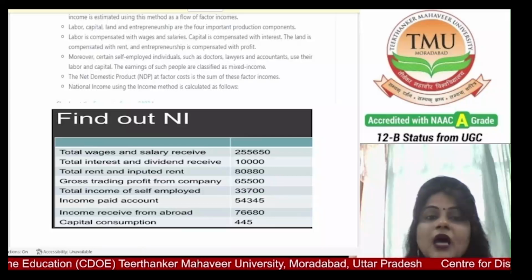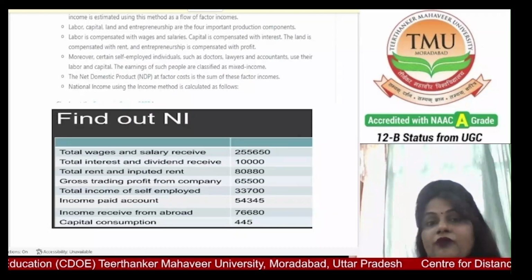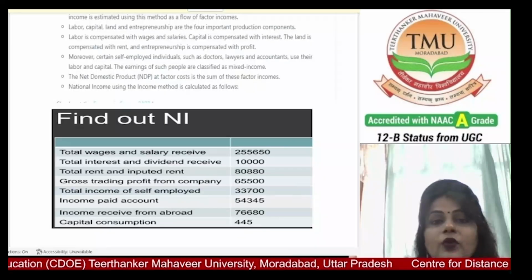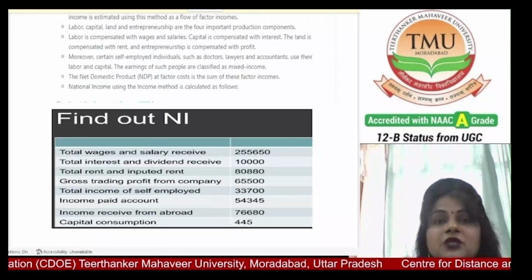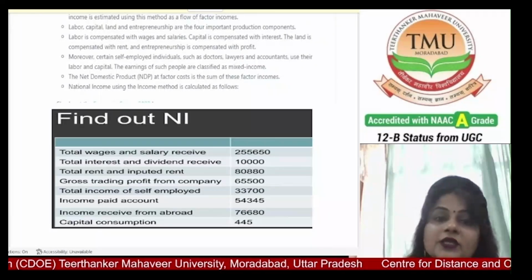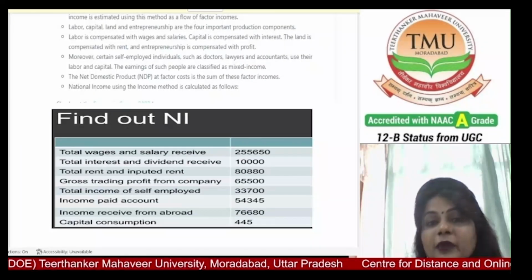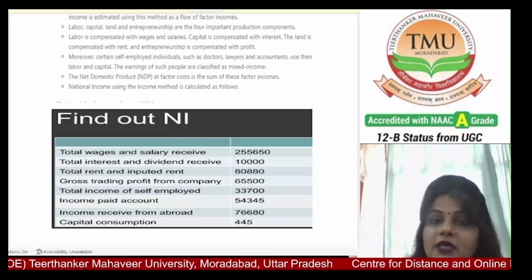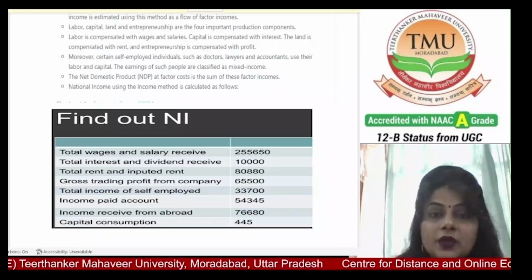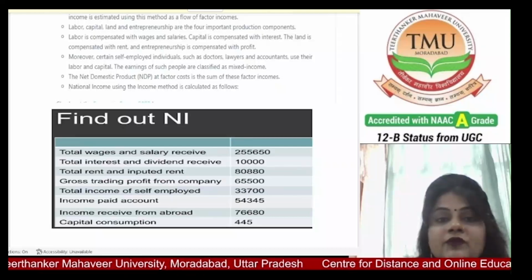If these goods are counted again, it will lead to the problem of double counting. However, any commissions or proceeds received by agents on the sale of these goods will be included as it is income received for rendering productive services.